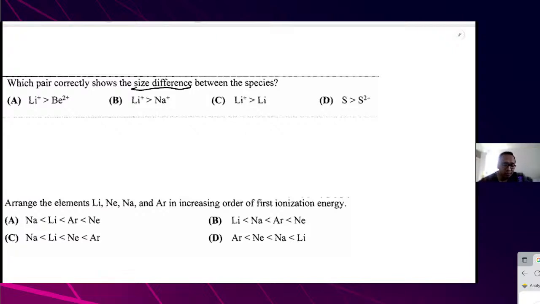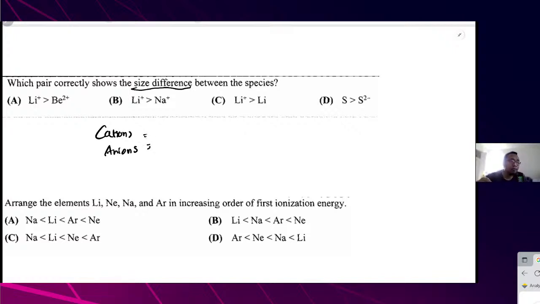This is another concept again. So we couldn't solve it by using only the previous concept, where we determine the atomic radius decreasing from left to right and increasing from top to bottom. It's still helpful, but remember, we have another concept about cations and anions.